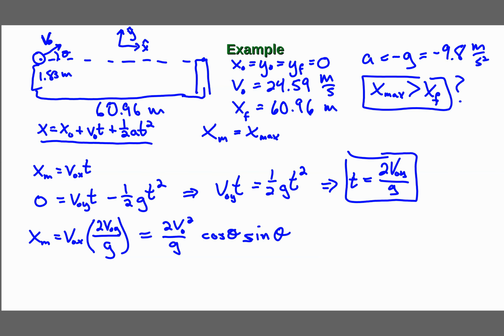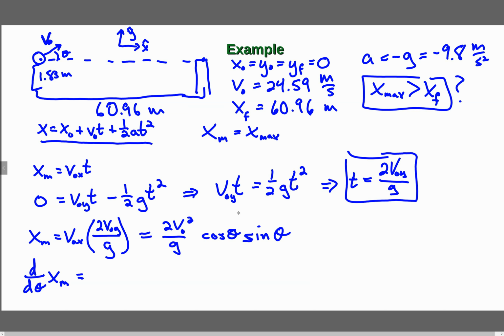So if I take the derivative of xm with respect to theta, what I'm finding is the rate of change that we have for xm when theta changes, okay? And when I set that to 0, I'm going to find a maximum for this. So this first piece, remember, when we take the derivative, none of that depends on theta, so that's just a number as far as this goes. So we'll just carry it down.